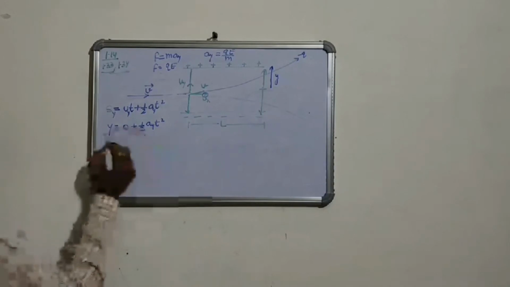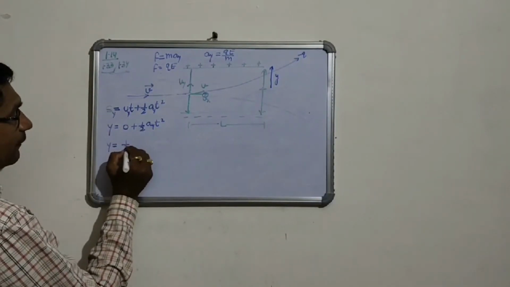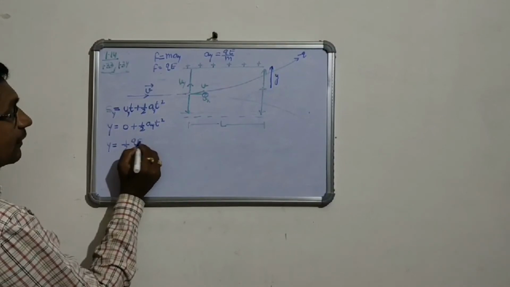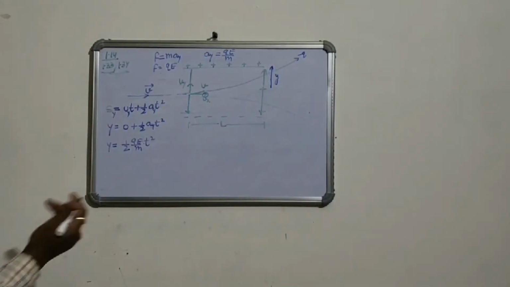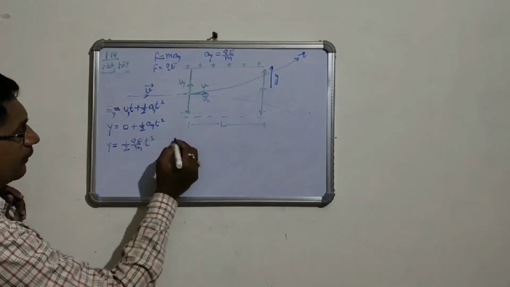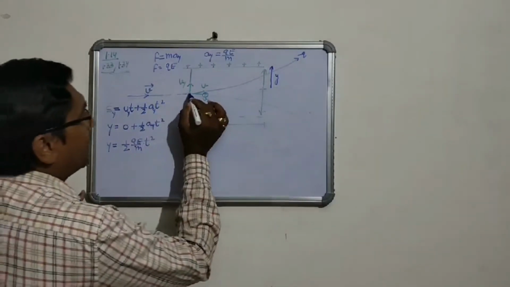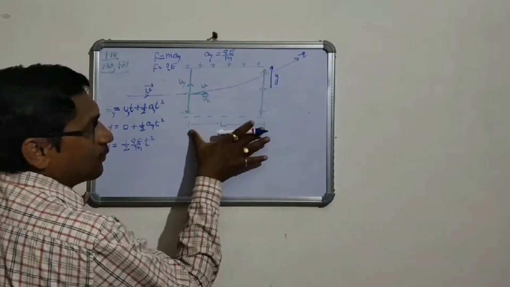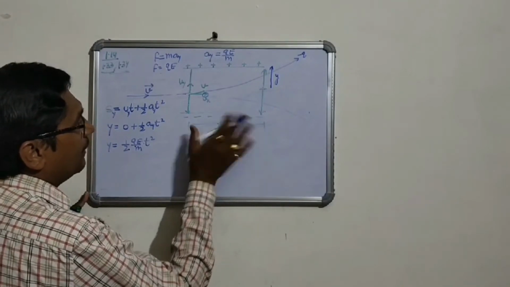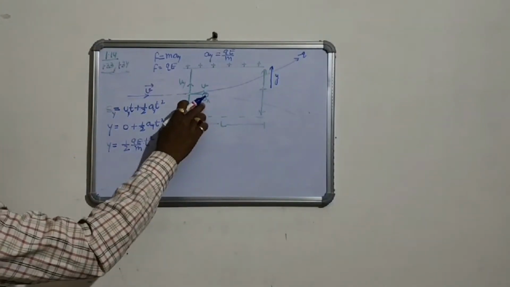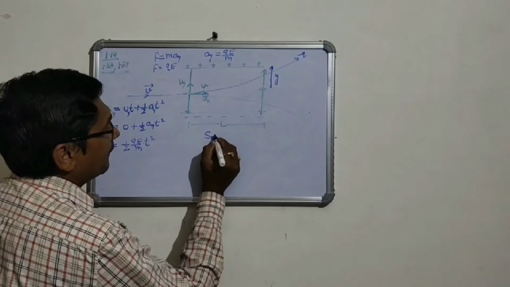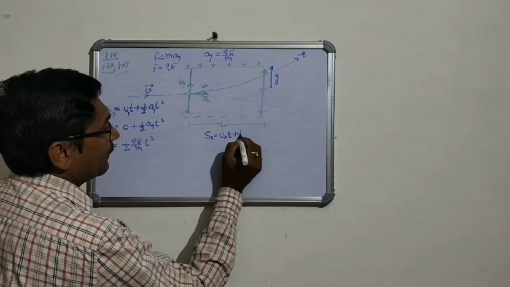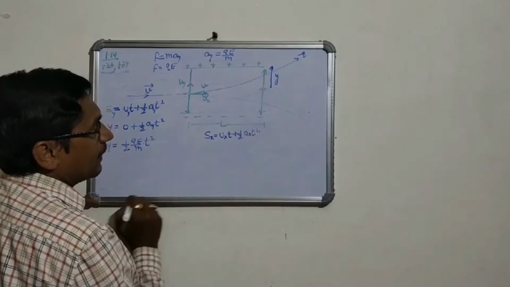Now we can put here y equals half QE upon M into t square. Now we can find the Q by M ratio and the value of t. The charged particle is moving from this end to this end, its total travel distance is L, and the velocity along the x-axis is Vx. According to Newton's second equation, Sx equals uxt plus half ax t square.